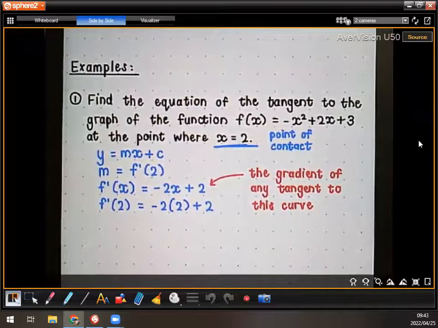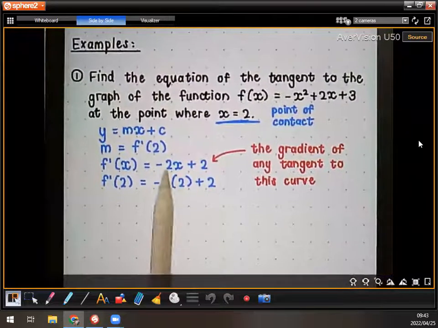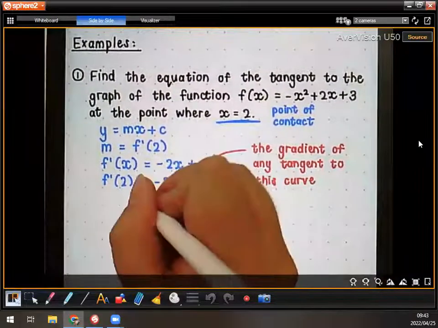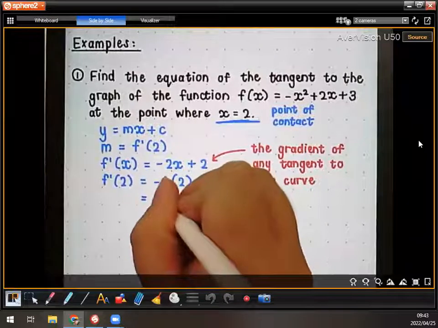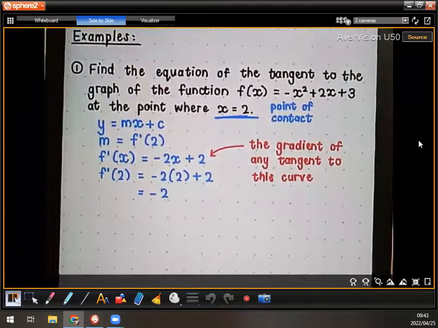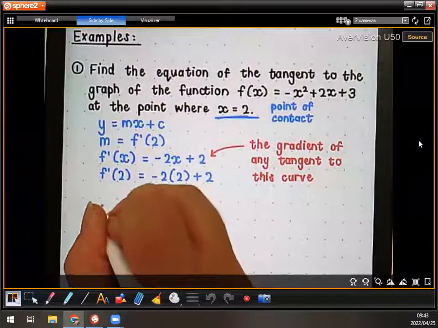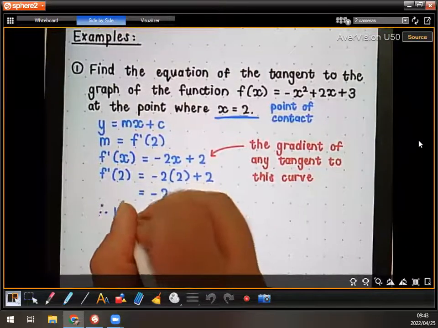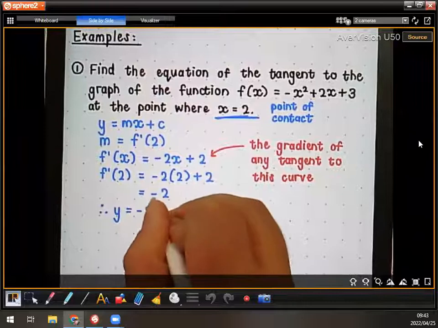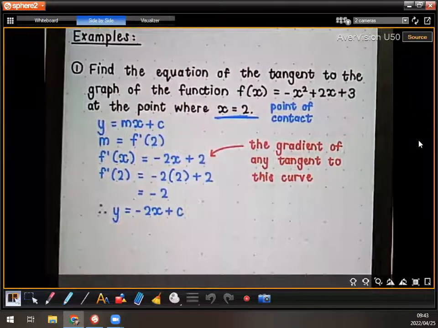Okay. So what's that answer? This is negative 4 plus 2. So this is negative 2. Okay, so we have a straight line, a tangent with a negative gradient. So it is a tangent that's sloping downwards. So therefore, we know that our equation is going to look something like this, negative 2x plus c.